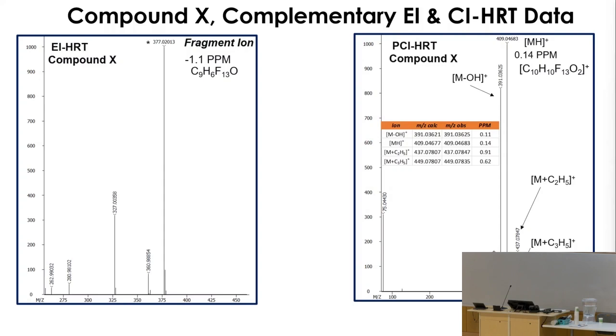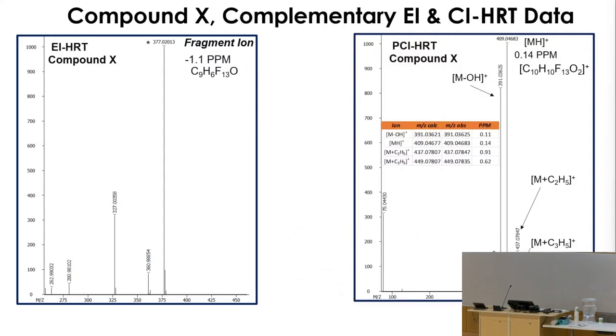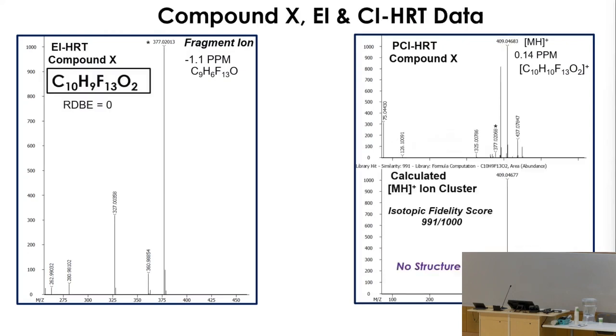So you're gaining confidence because not only can you identify and get information about that protonated molecular ion, you can also get information about fragments and additional adducts. This is the M plus 29 and the M plus 41, which are common adducts when you use methane as a reagent gas.